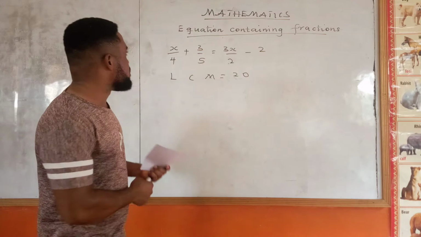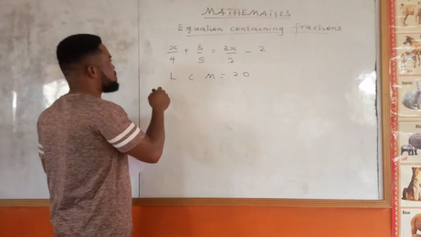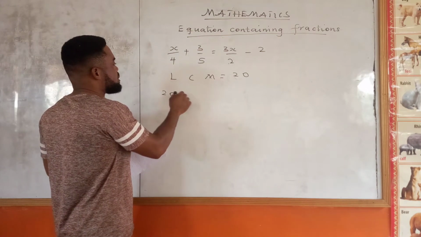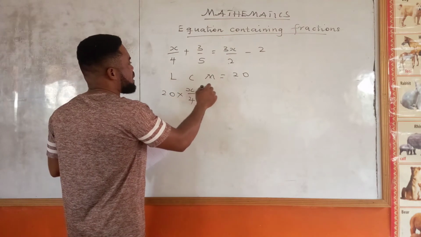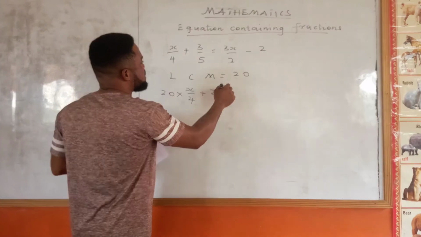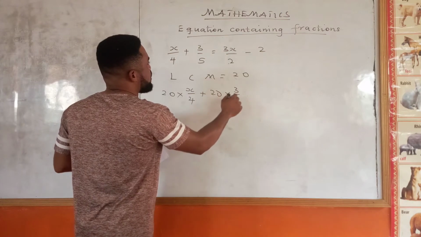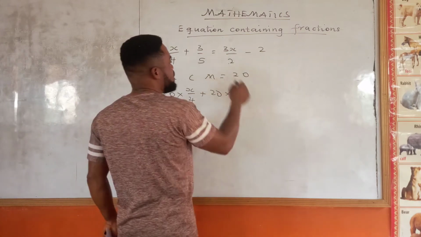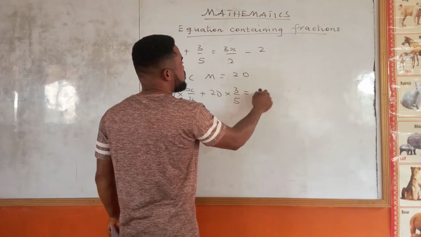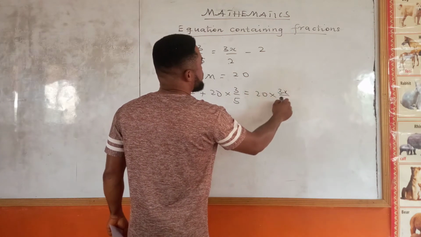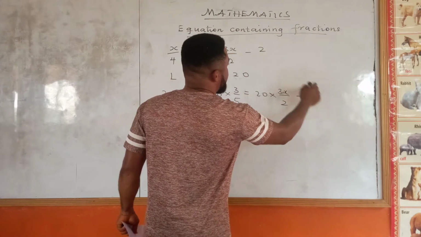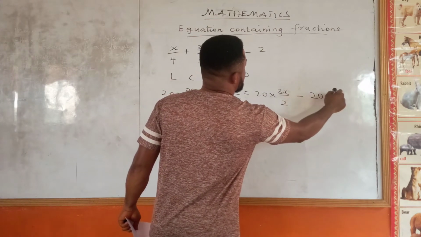Okay, so we pick the first term. So 20 times x over 4 plus 20 times 3 over 5 equal to 20 times 3x over 2 minus 20 times 2.